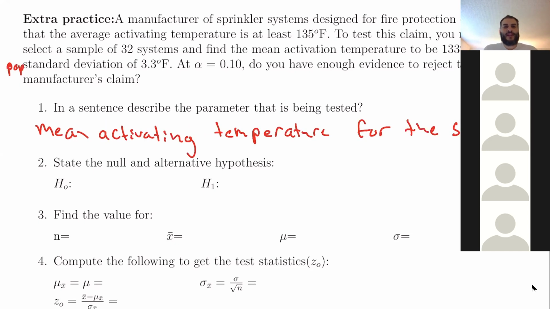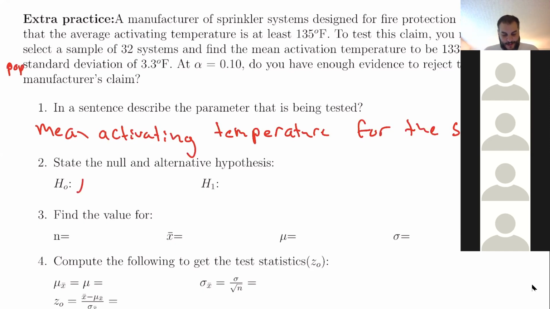What we're testing is the mean activating temperature for the sprinkler, because we want to say if the sprinkler actually activates after 135 degrees Fahrenheit. You don't want it to activate when it is lower than that, because if it's like 120 or 110, it's going to get activated and everything is going to get wet. So we want to check to see if these are actually working. So let's do the null and the alternate hypothesis.